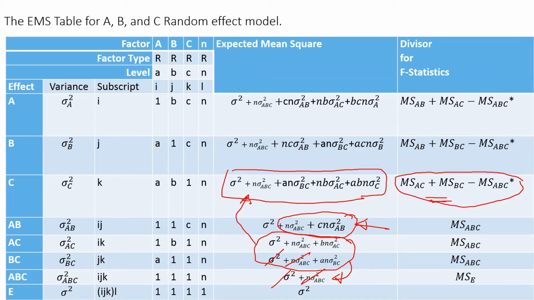So this AB part is basically the ABC, so sigma square plus N sigma square ABC. So this AB is associated with ABC, so we can simply use the ABC error as a divisor for the F statistic to calculate the F statistic for AB. I hope that explained the random effect model expected mean square.